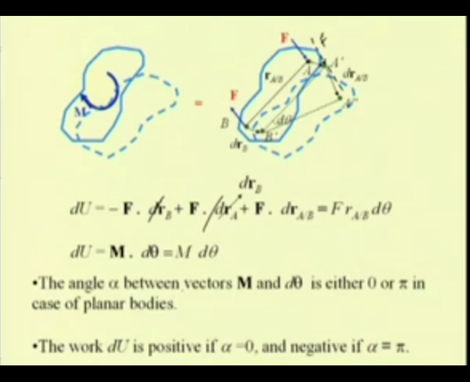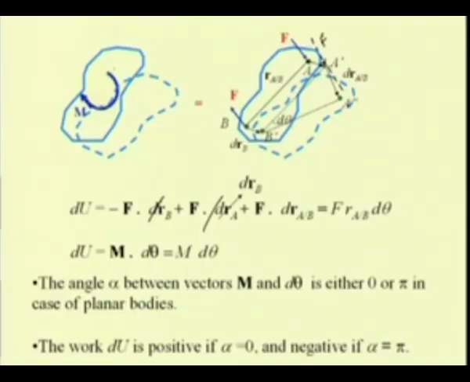That means this vector d theta is perpendicular to the plane of the paper, and thus it could be pointing upwards or pointing downwards. That means the vector can go into the plane of the paper or emerge out of the plane of the paper. So, the angular displacement can be in the same sense as the moment.